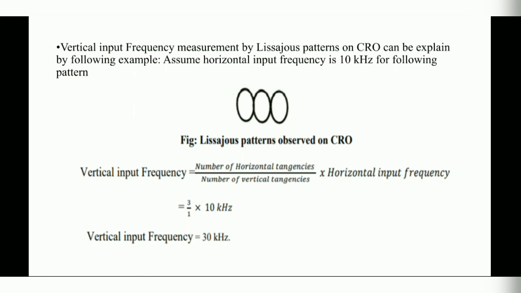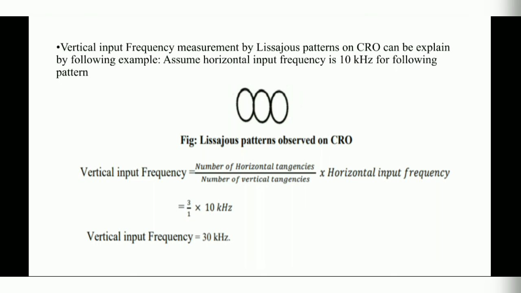Vertical input frequency measurement by Lissajous patterns on CRO can be explained by the following example. Assume the horizontal input frequency is 10 kilohertz for the following pattern. So this is the Lissajous pattern observed on the CRO. Vertical input frequency is equal to number of horizontal tangencies upon number of vertical tangencies into horizontal input frequency.